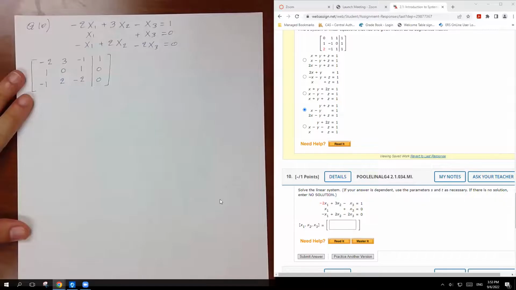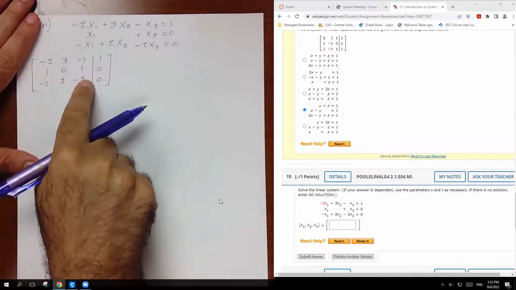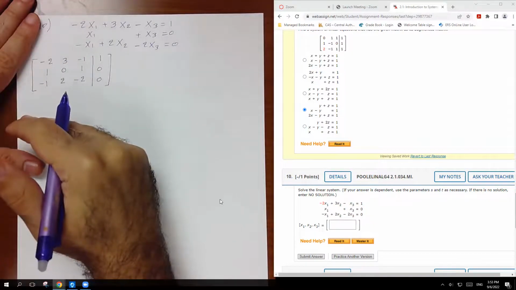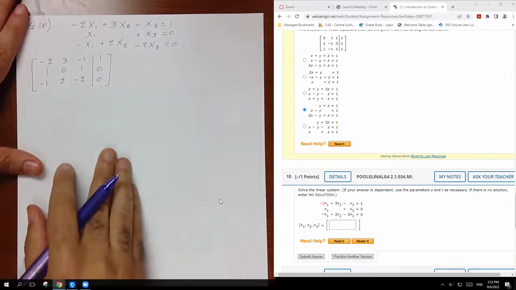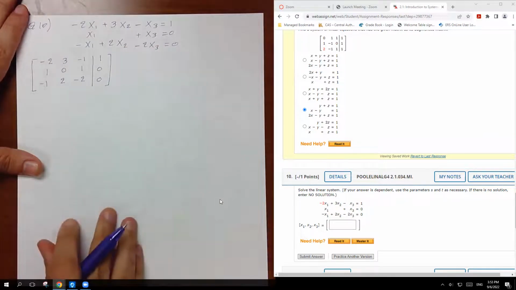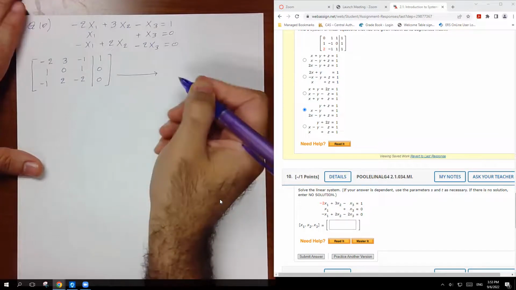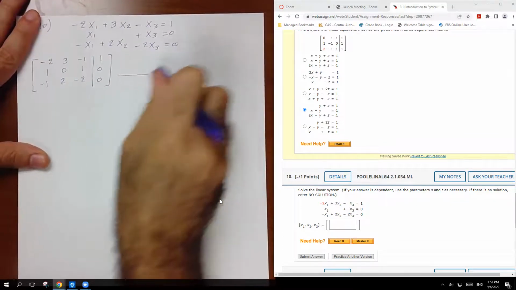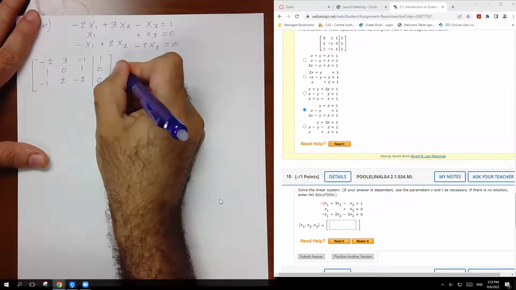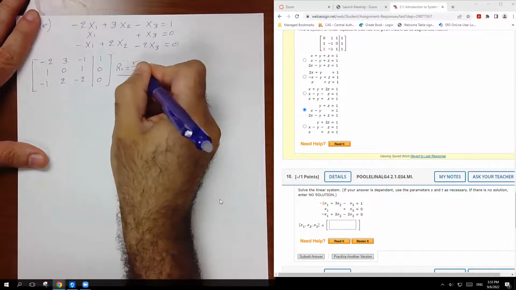So let's keep going. My goal is to make the diagonal equal 1, and everything lower than the diagonal and upper than the diagonal equal 0. So here's how we're going to use the matrices. The first thing I'm going to do is divide the first row by -2. Here is the new row. I'm going to say the old one divided by -2.